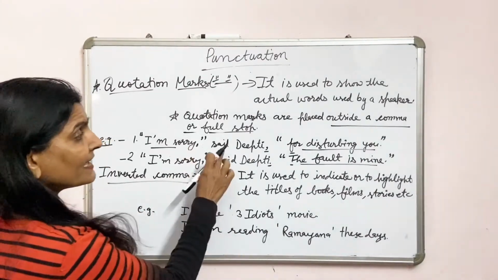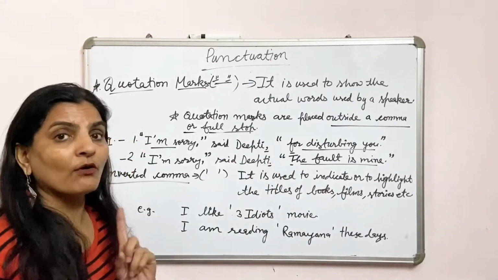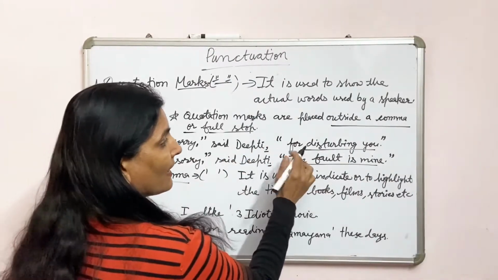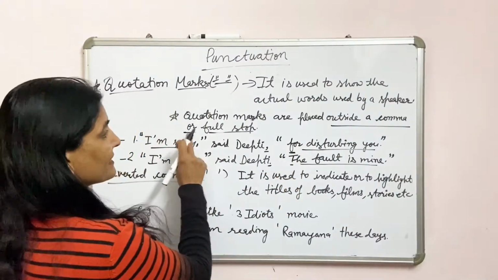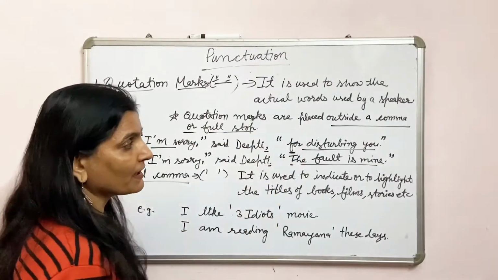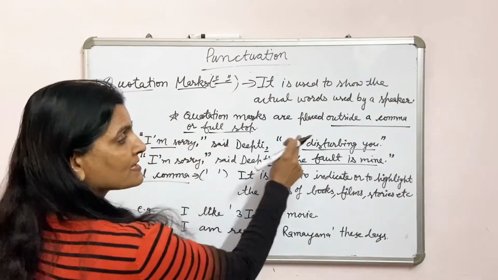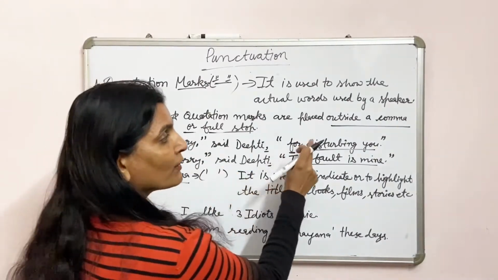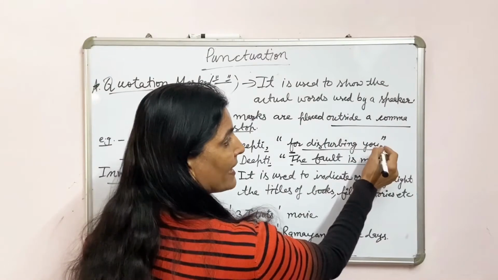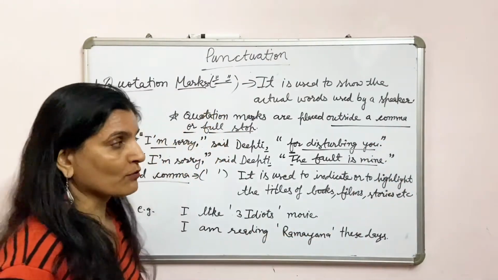Then said Dipti, after that also I have put a comma. And then I have placed a small letter because the sentence is in continuity. It is not a new sentence. It is the old sentence, or part of this sentence. For disturbing you, then I have put a full stop and at the end the quotation mark closed.